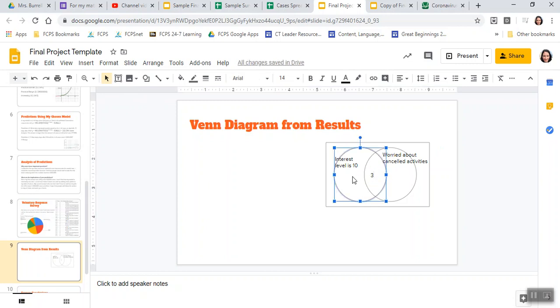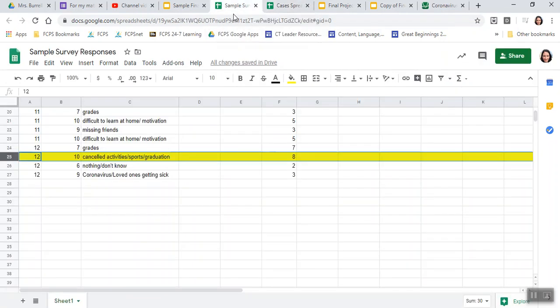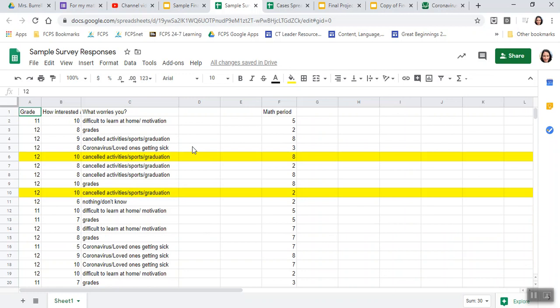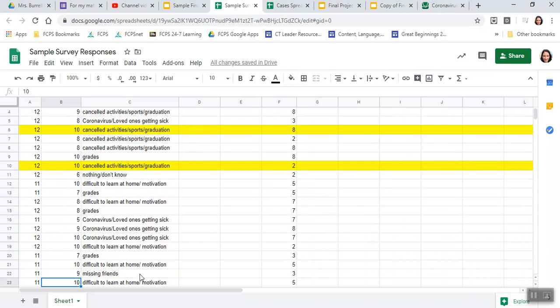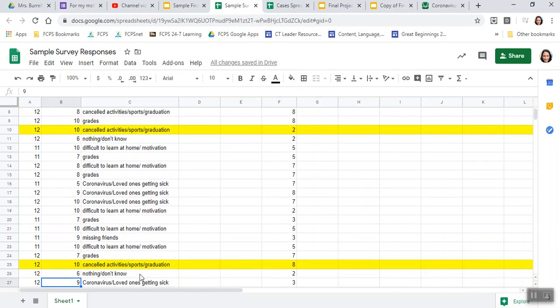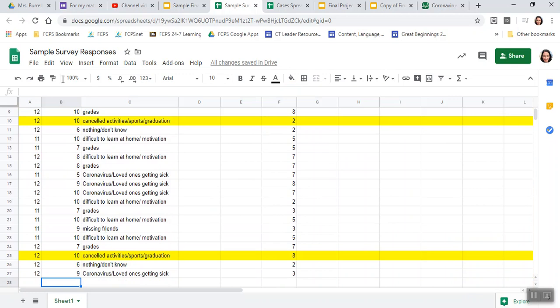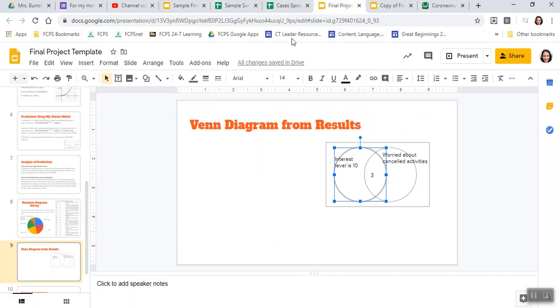Then I'm looking to see how many other people had an interest level of 10. So 1, 2, 3, 4, 5, 6, 7 more. So I need a new text box for them.